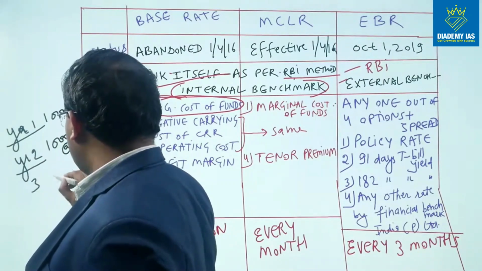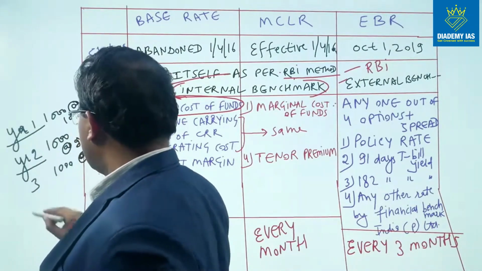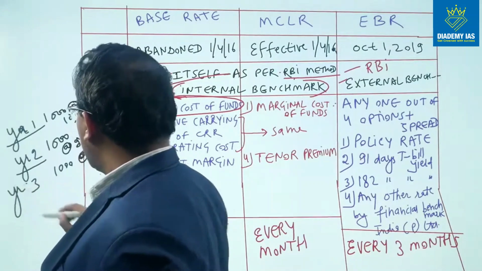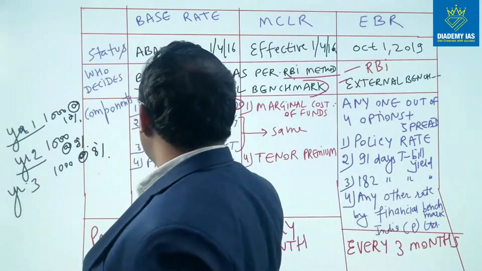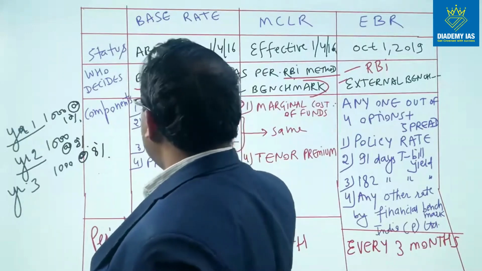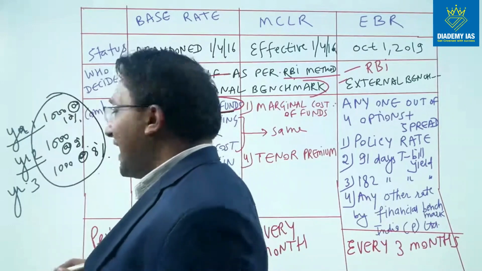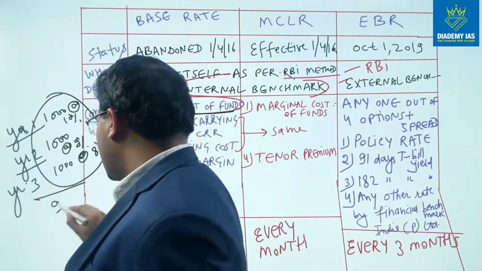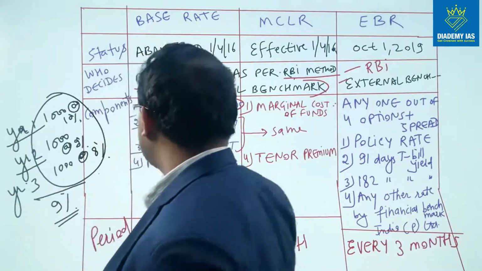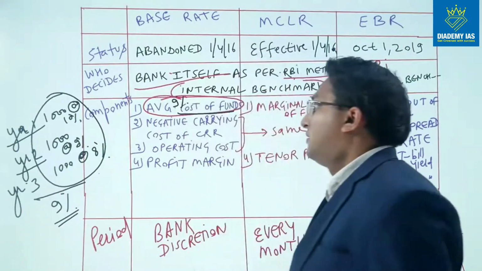In year 3, 1000 rupees at 8%. Right? So, in case of base rate, when we take the cost of fund, it will be based upon the average of these three rates. So the average rate is 9%. In this case, the average cost of fund will be taken as 9%.